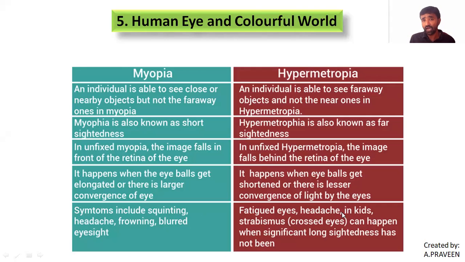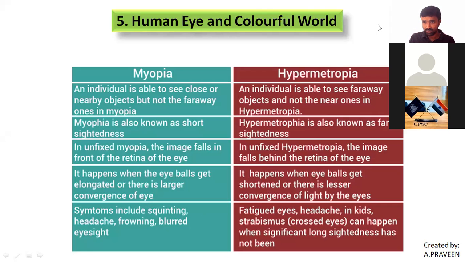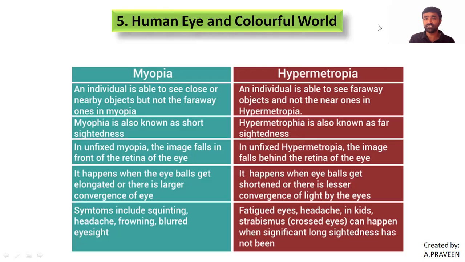Then in the hypermetropia defect, you can also see headache in kids, right? Crossed eye. You can see the difference in their eye shapes. So these are the significant problems we may face with this defect, to identify it. So these are myopia and hypermetropia.